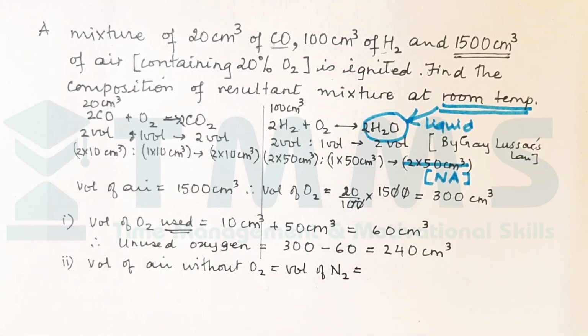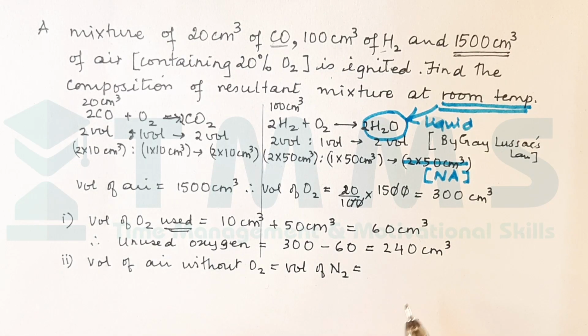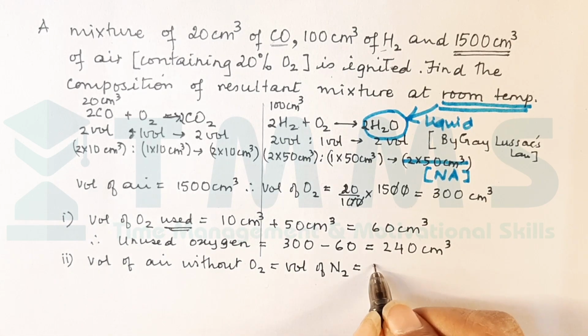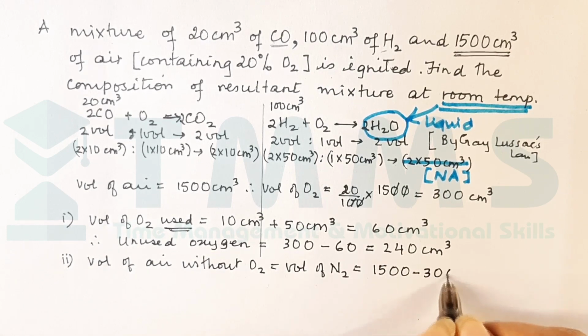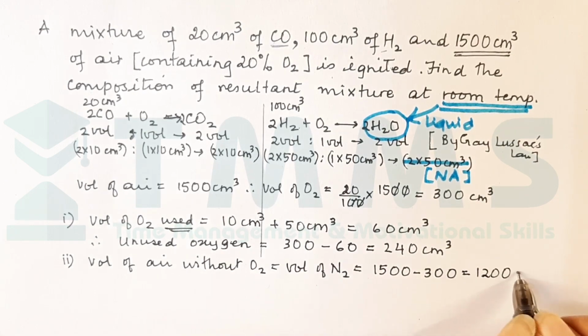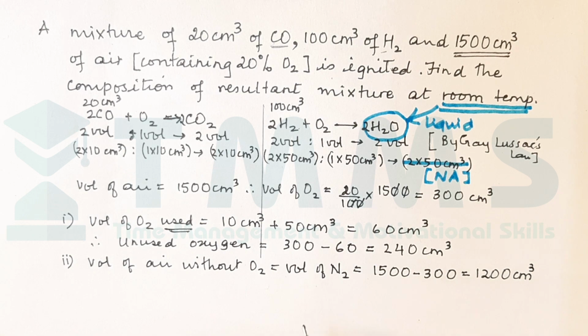Understand that air has 20% nearly oxygen and remaining 80% is nitrogen. So we will have to write the remaining air as volume of nitrogen, and that will be 1500 minus how much was oxygen? 300. And so 1200 centimeter cube is the volume of nitrogen.